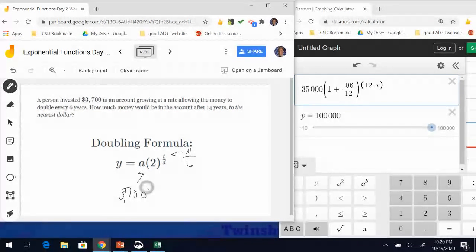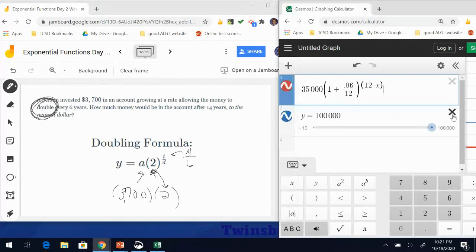3,700. Why is this growth factor 2? Because what is my money doing? My money is doubling. So I'm going to take it and multiply it by 2. So it makes sense that that multiplier is 2. And again, this number in that growth factor is greater than 1. So we know that our number is going to obviously get larger. And now we have 14 divided by 6.